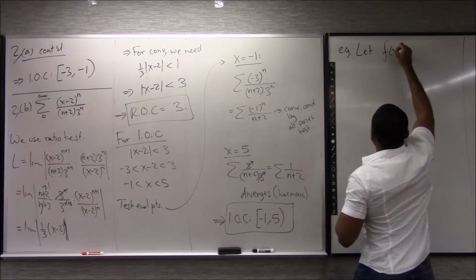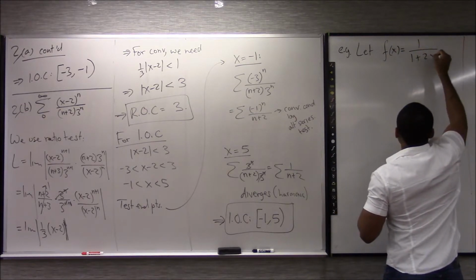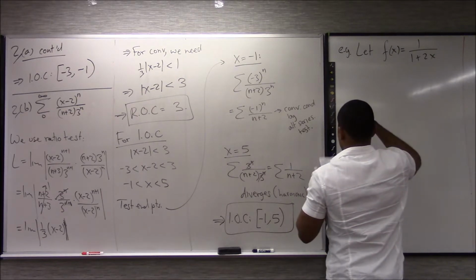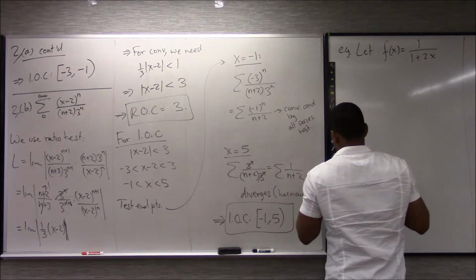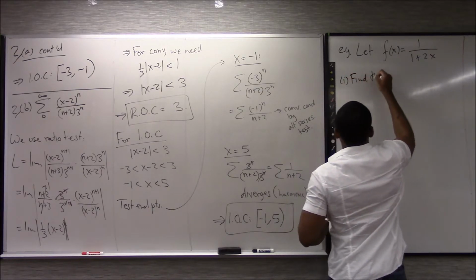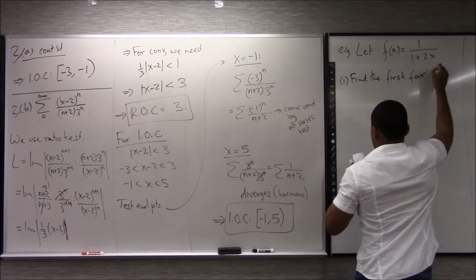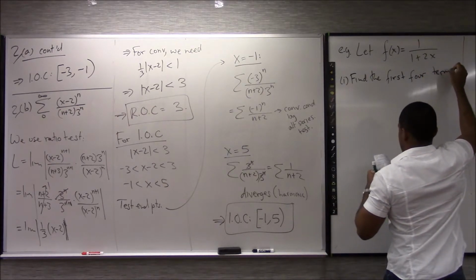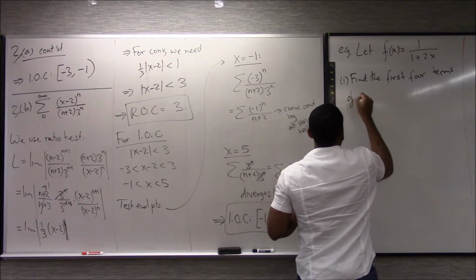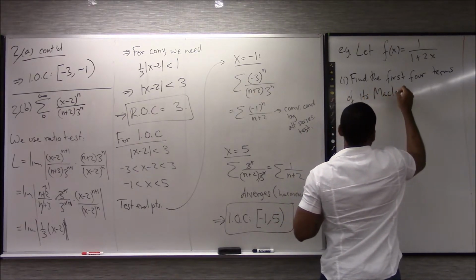Let f of x equals 1 over 1 plus 2x. 1. Find the first 4 terms of its Maclaurin series. 2.